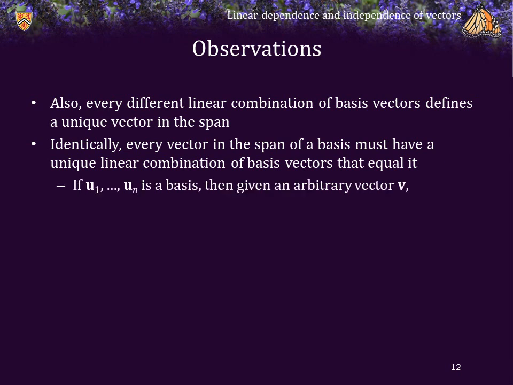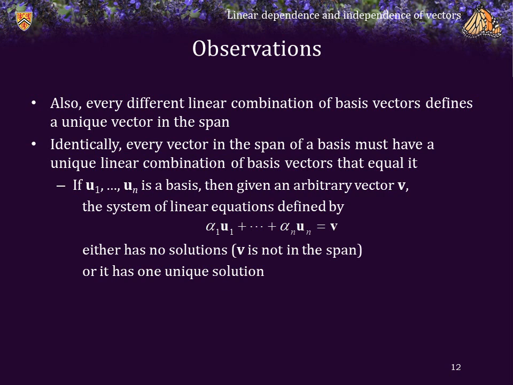That is to say, if u1 through un is a basis, then given an arbitrary vector v, the system of linear equations defined by finding a linear combination of the basis vectors equaling this target vector either has no solutions, that is, v is not in the span, or it has one unique solution. Under no circumstances will there ever be infinitely many solutions.